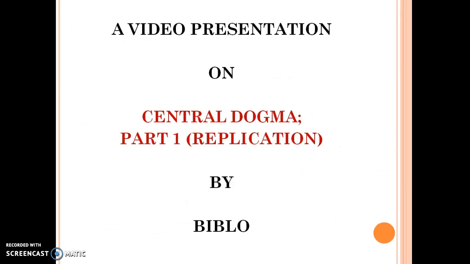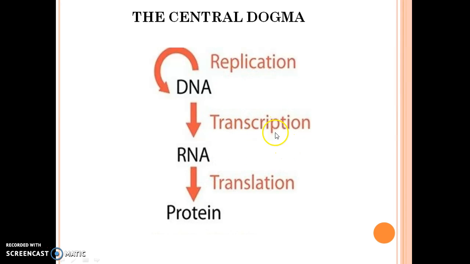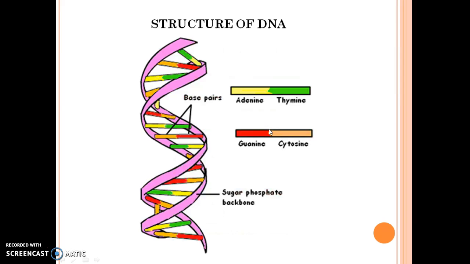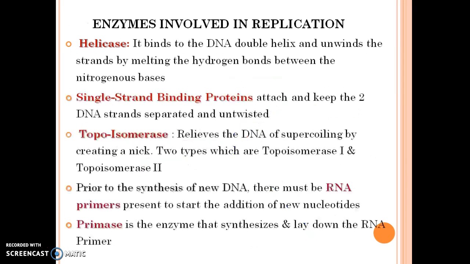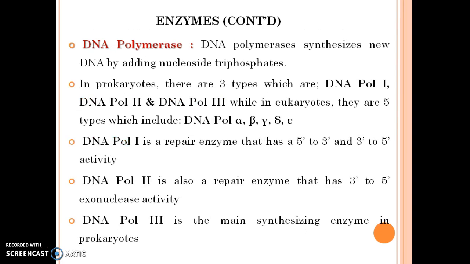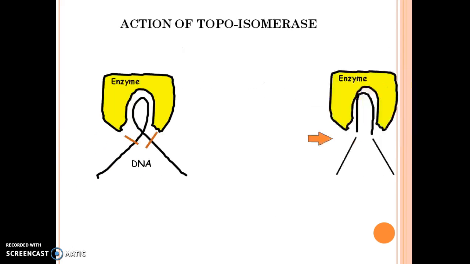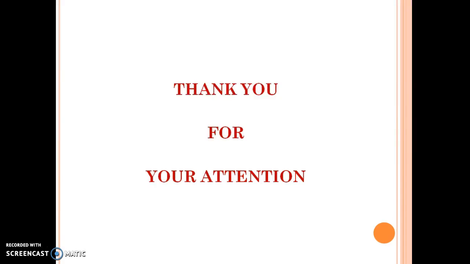Let's quickly go back. You can see the second phase of our central dogma is transcription. So it is very important for us to know all the enzymes in replication: the helicase, the SSBP, the topoisomerase, the primase enzyme, the DNA polymerase, and the likes. So thank you for listening.